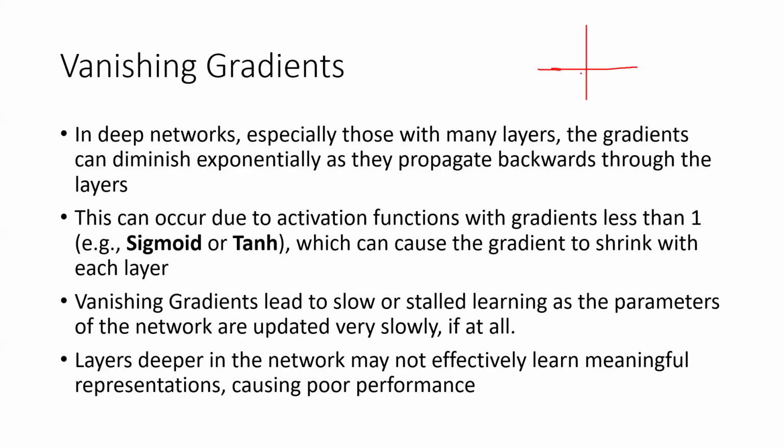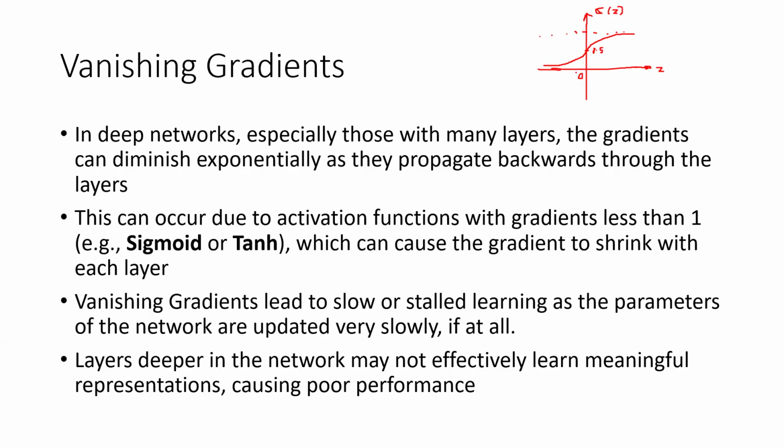For example, take the sigmoid function. This is z and this is sigma of z. We know in the sigmoid function, this is 1 and this is 0.5, so the sigmoid function would look something like this, ranging between 0 and 1.